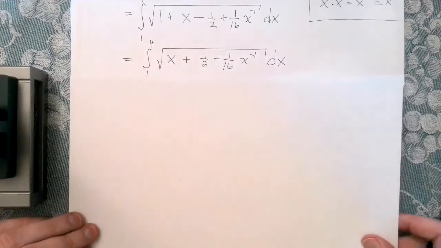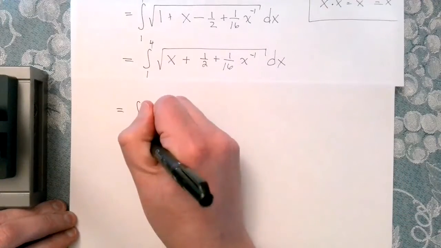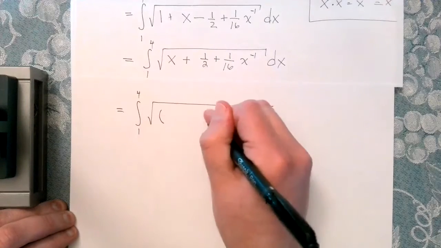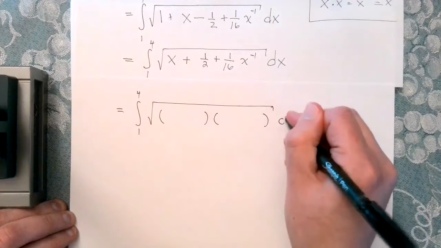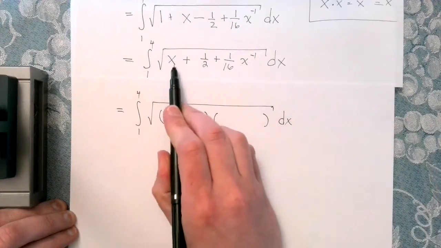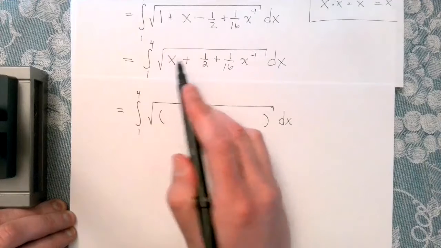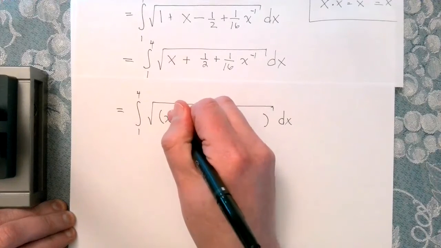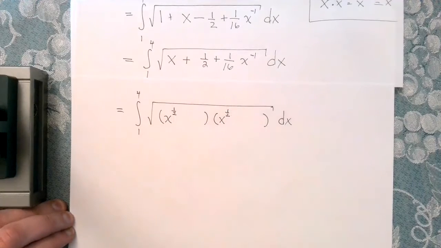And let's see. Okay. So we've got the integral from 1 to 4, and we said we want to try factoring the inside. Mentally I'm just thinking about taking the square root of this. So that would be x to the 1/2, and then times itself would give me back the x to the first.